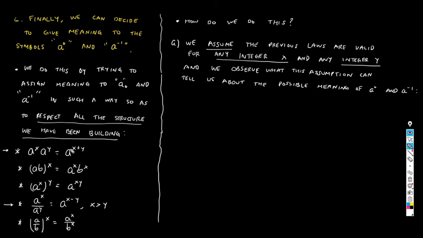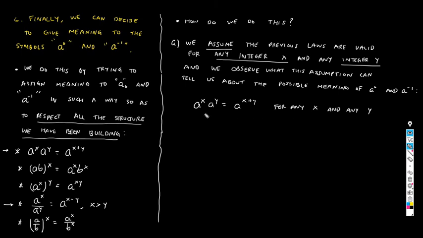All right. At this point, this law, remember, is only valid for x and y being positive integers. But let's assume one more time that the law holds for any possible x and y. So this is true for any integer x and any integer y.